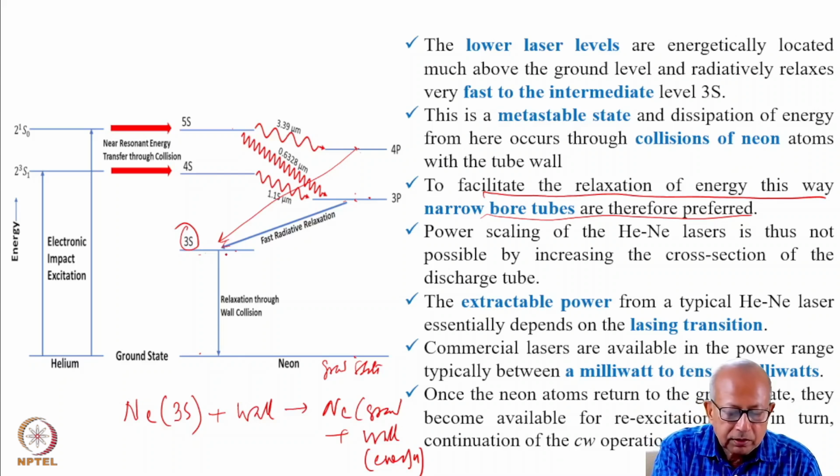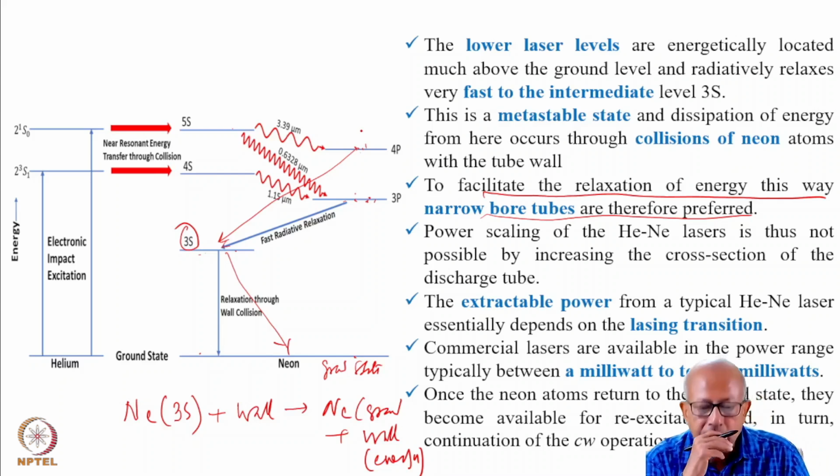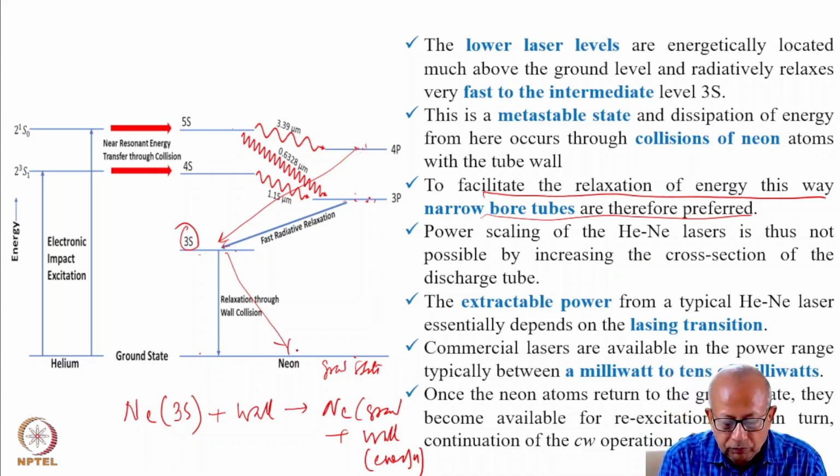If this energy relaxes faster, so would the population which is coming down to the lower laser level as a result of lasing also very quickly come to the ground state, and therefore be available for the continuation of this lasing process.